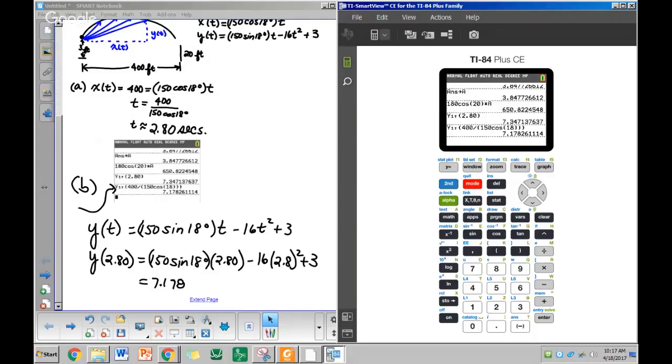Quit. So I'm going to go up here and do 400 divided by parentheses 150 cosine of 18 degrees, close. Stow alpha A. Of course, it didn't take my alpha A, did it? It still comes up with an error. Alpha A. So in parametric mode, it doesn't like that, does it? No, it did it.